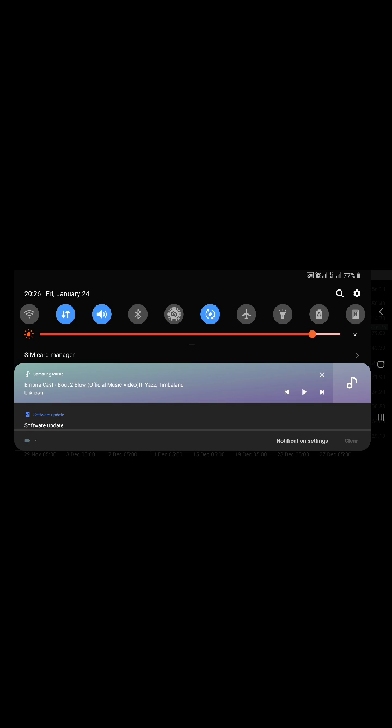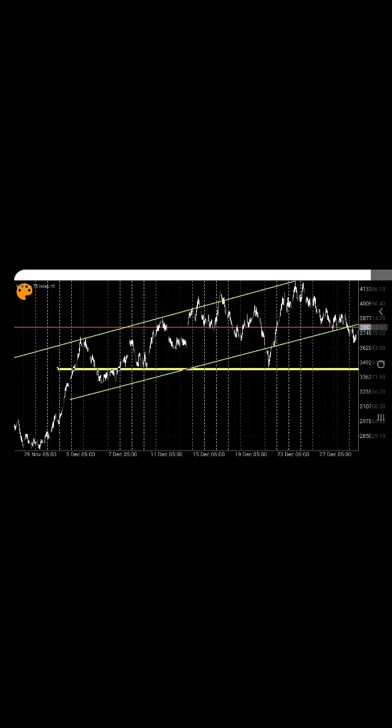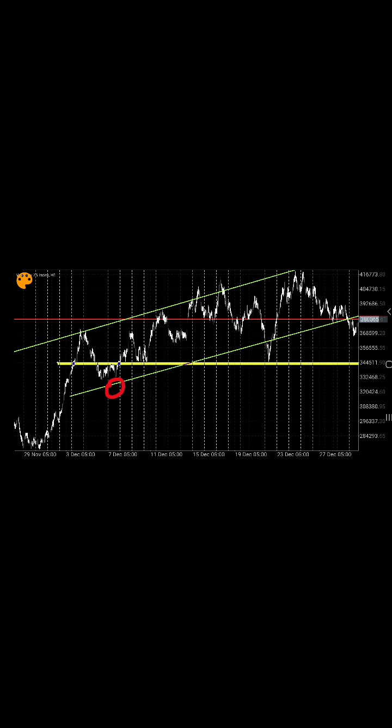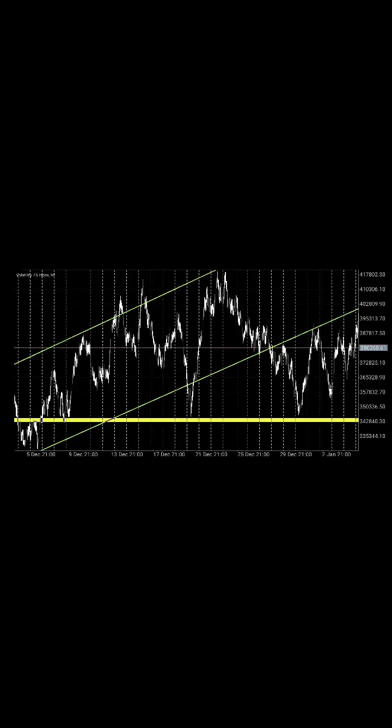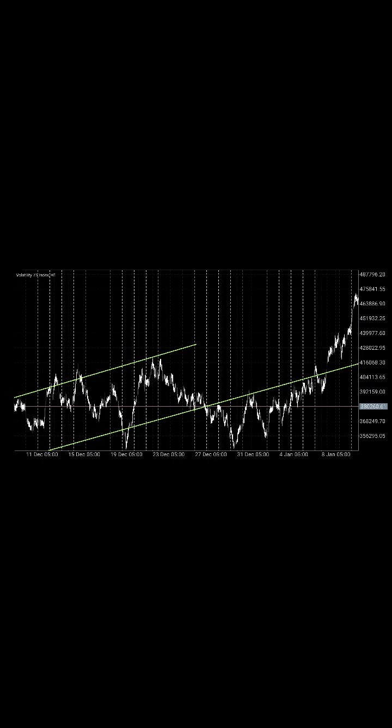Why? Because it has been respected multiple times. It was respected here. In this zone, it was not respected because of the support area, which makes this support also valid. From this, it was respected again here, it was respected again here. And normally what confirms the support and resistance to be true is support turning into resistance after a breakout.